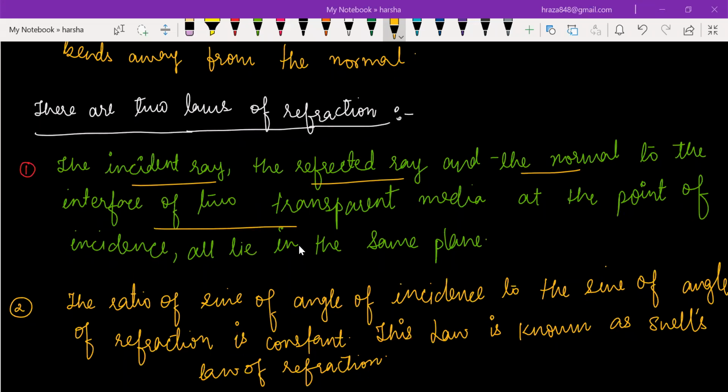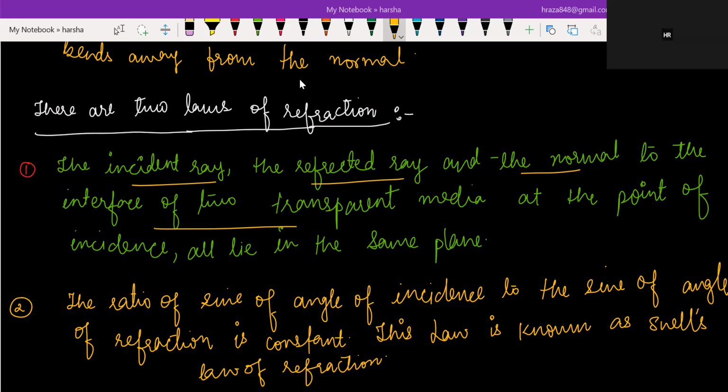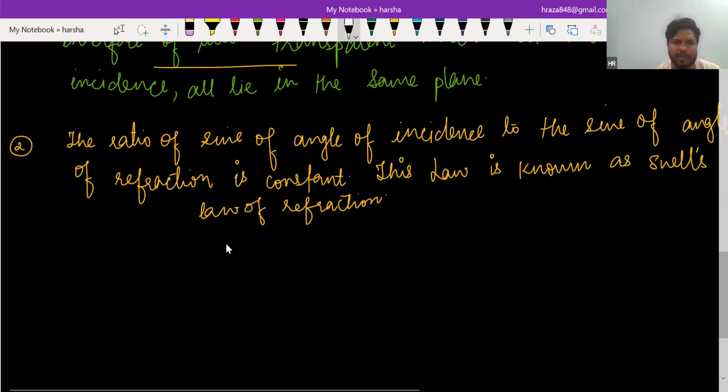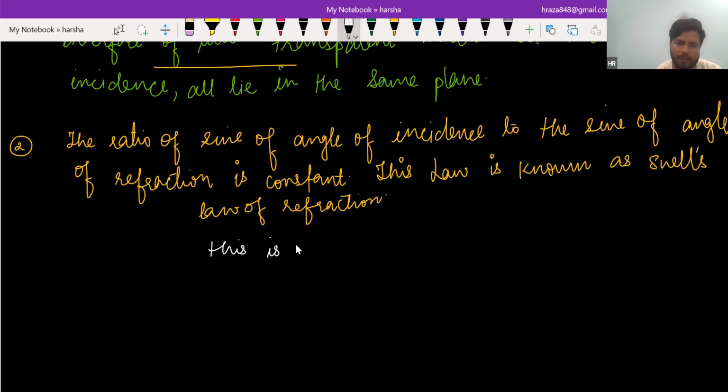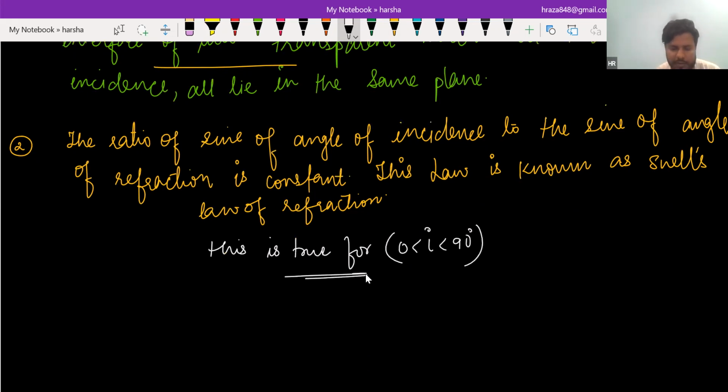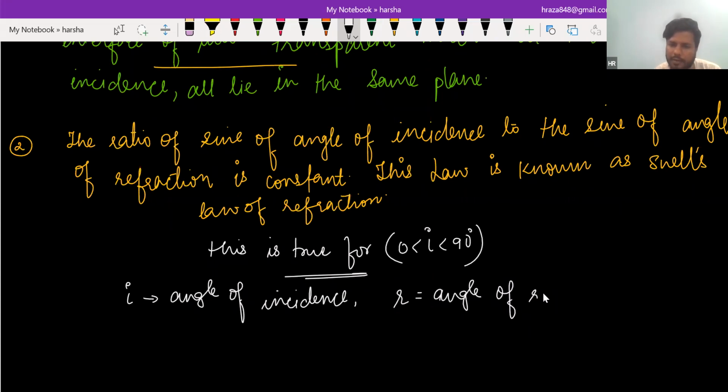Are you done? Yeah, very good. One of the important points for rule 2 is that this is true for i greater than 0 and less than 90 degrees. Also, i is the angle of incidence, and r is the angle of refraction.